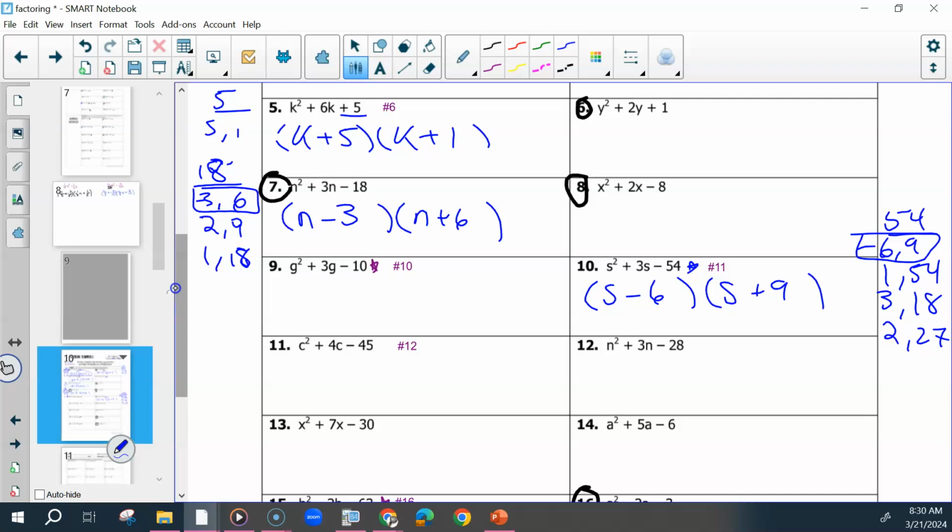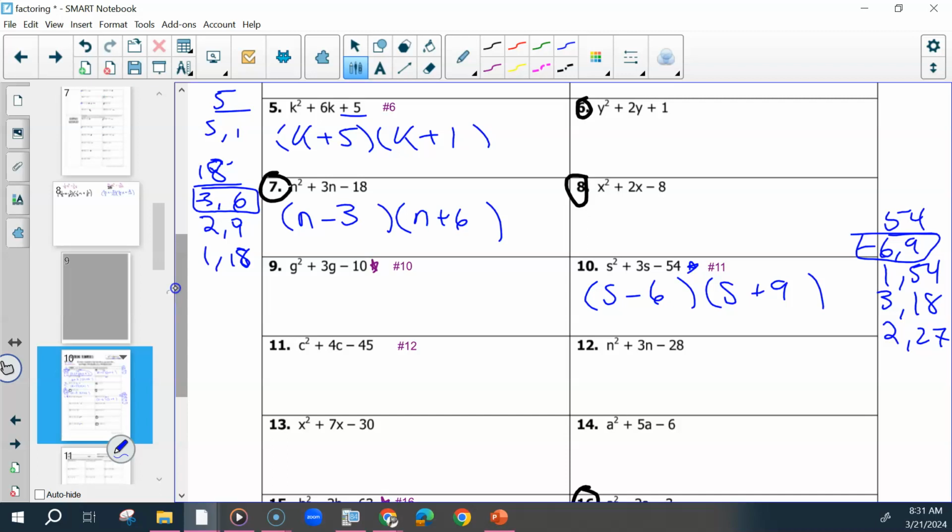Look at the other ones, numbers 8, 9, 11, 12, 13, 14. Any of those we want to see go over? So you're just looking at what adds up to 54? Multiplies. You're looking at which one multiplies to be the last, adds or subtracts to be the middle.